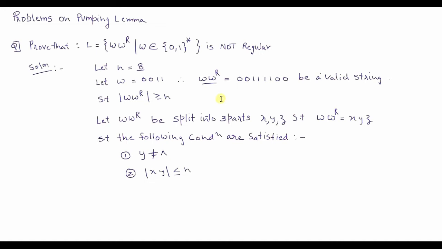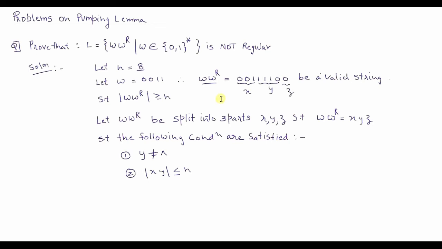So the string, how will I split? Randomly I am doing this. I am considering the first 3 symbols as x, the next 3 ones and 0 as y, and the last single 0 as z.